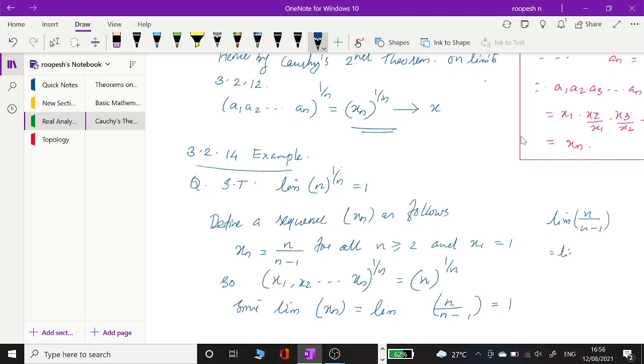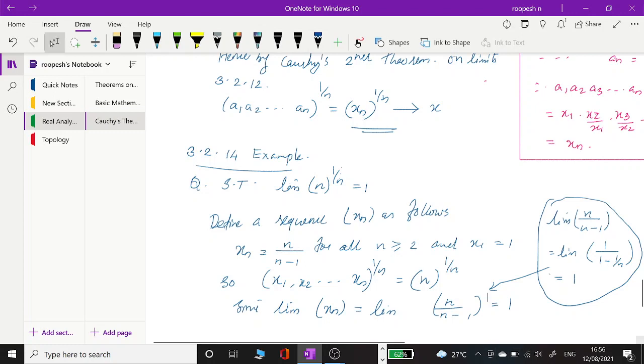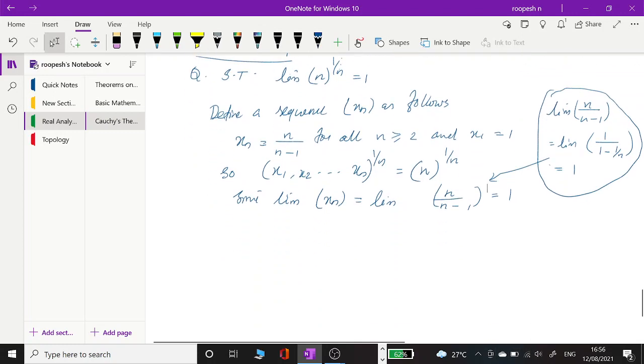That's equal to the limit of 1 by 1 minus 1 by n. Now as n tends to infinity, 1 by n will reduce to 0, so the limit will reduce to 1. So we are making use of this fact here. So we get the limit of n by n minus 1 is equal to 1.